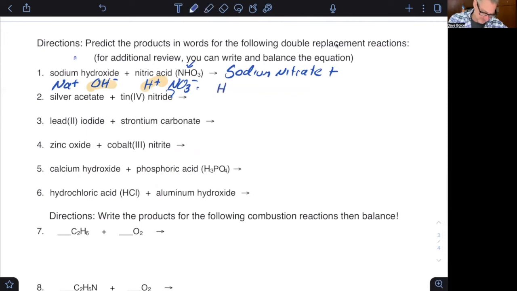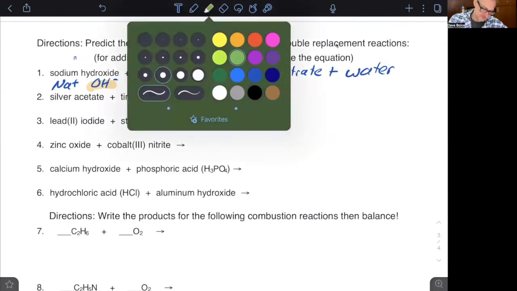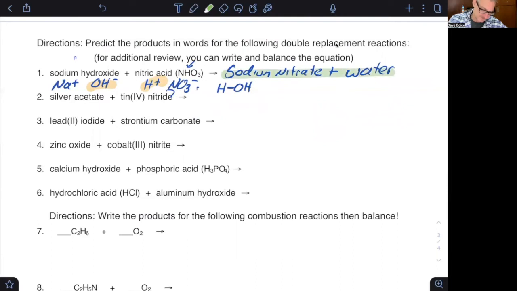So that would go together as HOH, which is my favorite way to write water. So sodium nitrate plus water is going to be our answer. Okay, let's clean that up a little bit.